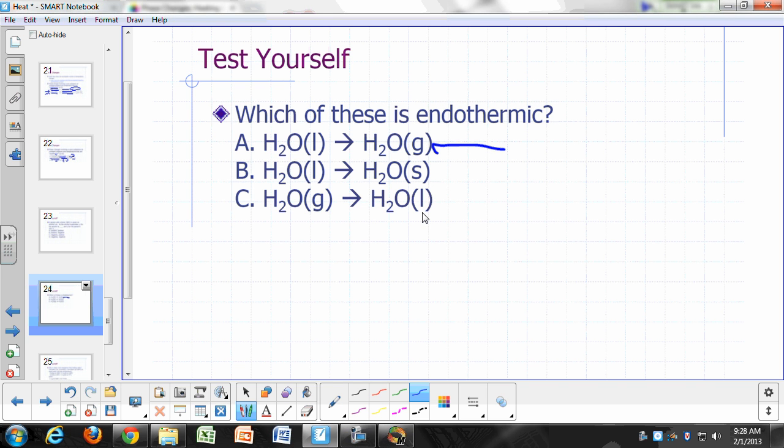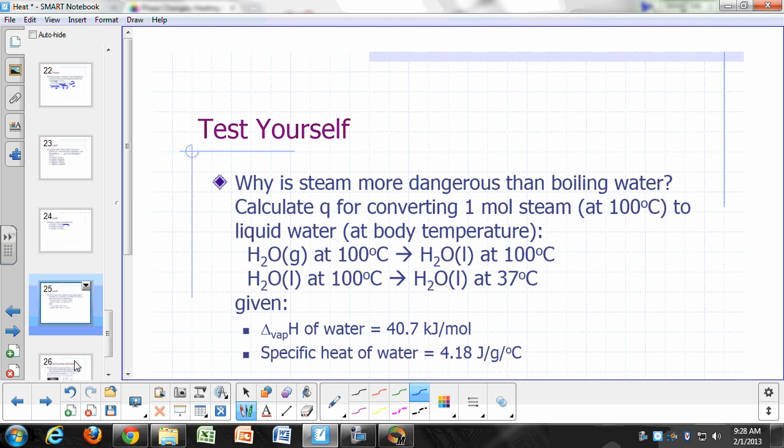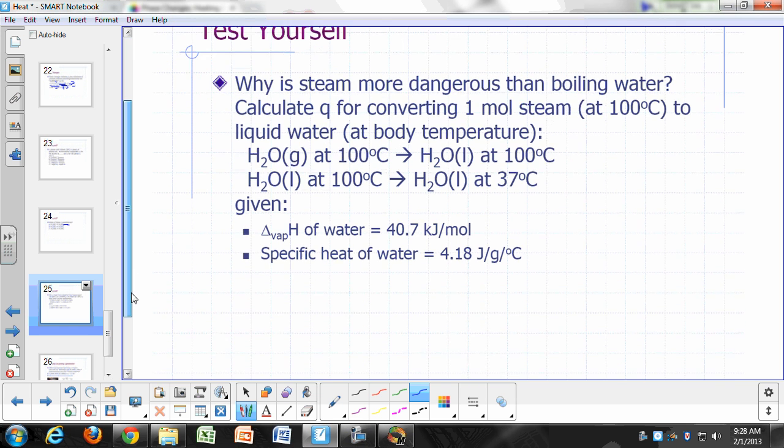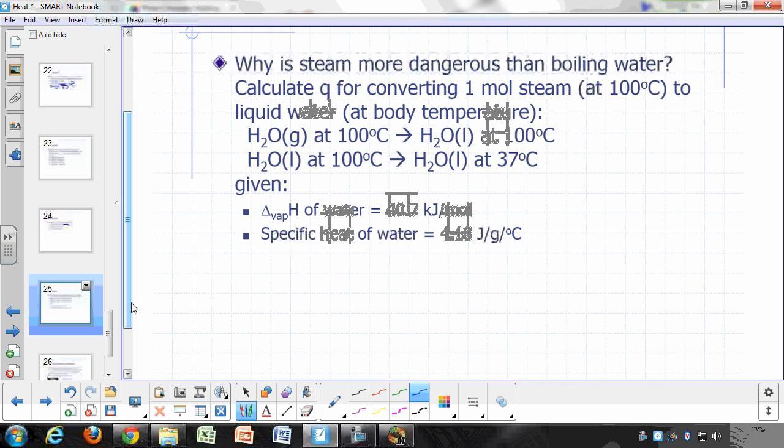That's an exothermic process. So when steam condenses into boiling water, it releases a lot of heat. In fact, steam is more dangerous than boiling water, because when water condenses from a gas to a liquid, it actually releases heat.